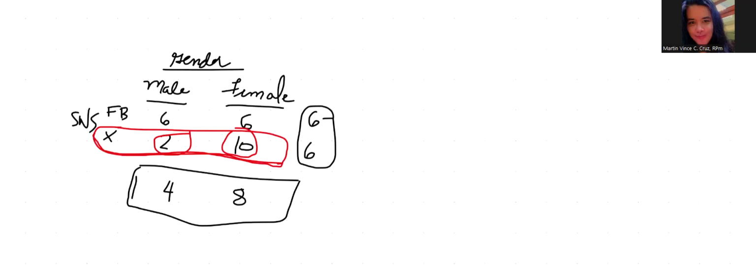So if we are going to plot it using a line graph, ayan, so we can use another color. So example would be male. Ayan. So sa males or sa FB, no? Or Facebook rather, nasa 6 lang.